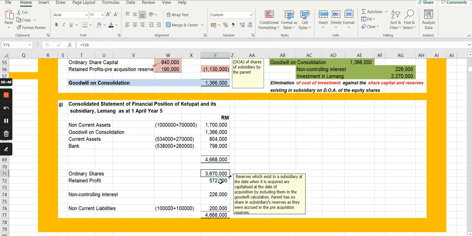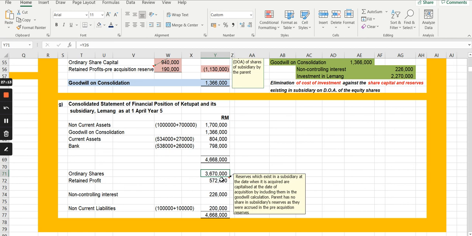And the reserve that you see here is just the reserve of the parent, because the reserve that exists in the subsidiary company on the date the shares were acquired is not being included here, since those are the reserve that belongs to the subsidiary, and that has been there before the date the shares were acquired. So it's just the one of the parent.